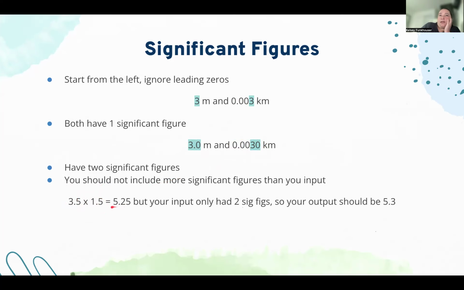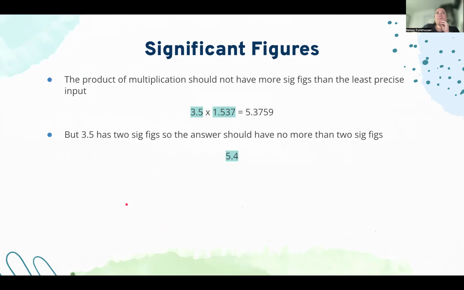That's 3 significant figures, but your inputs each only had 2 significant figures. So you need to round so that your output isn't more precise than what you input. So we should round this to 5.3 instead to make it only 2 significant figures.